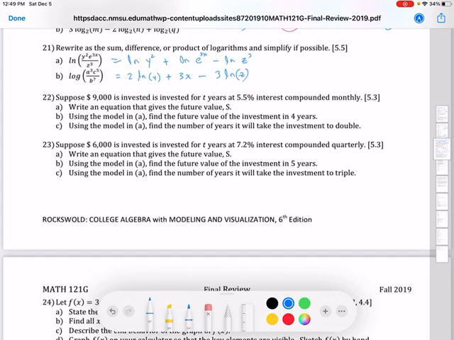For 22 and 23, they're similar. Let's pick 22, I guess. We need a formula.